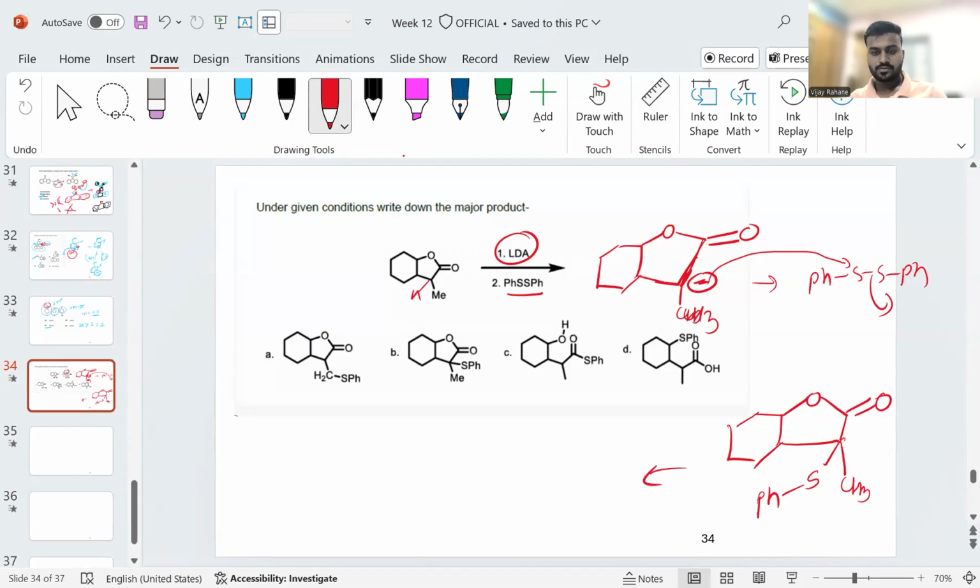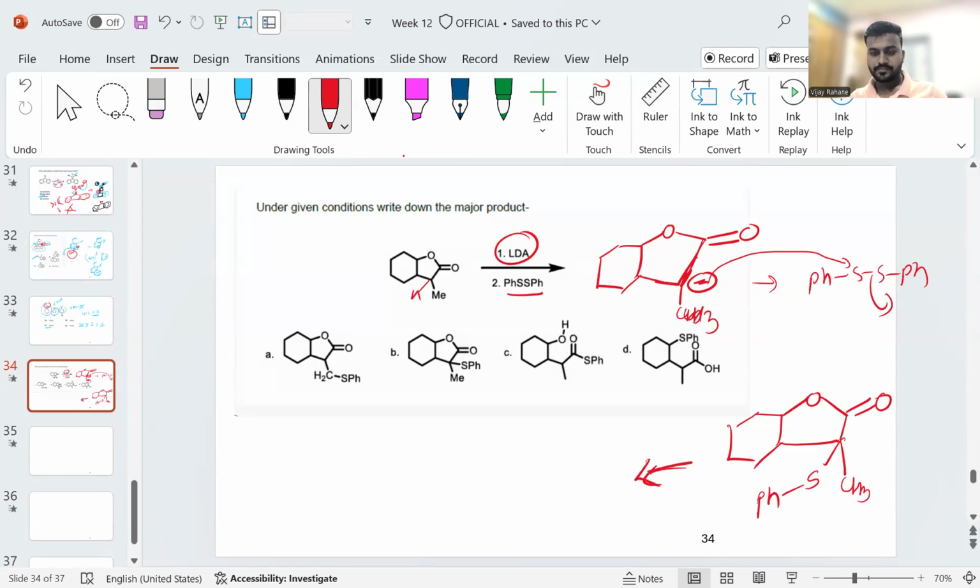Now, how does this reaction proceed further? That's the question.